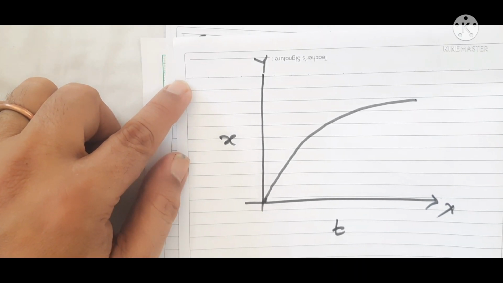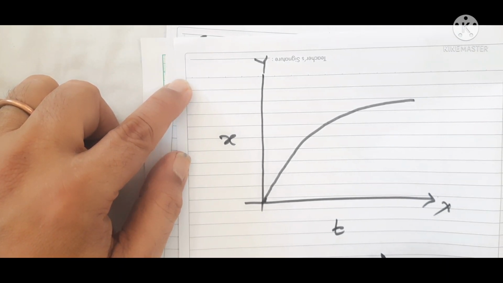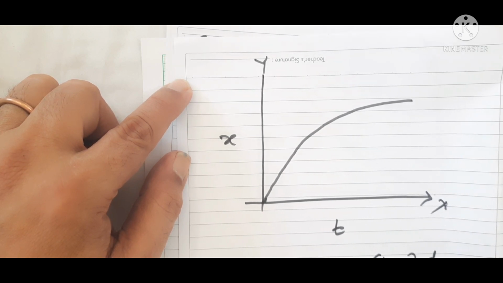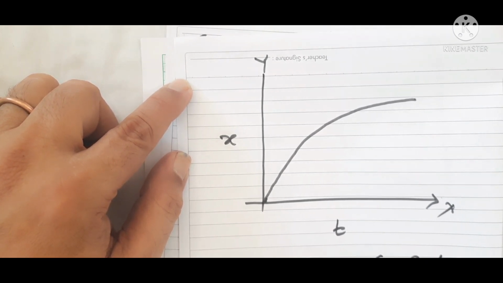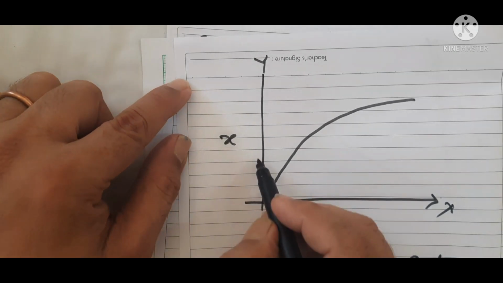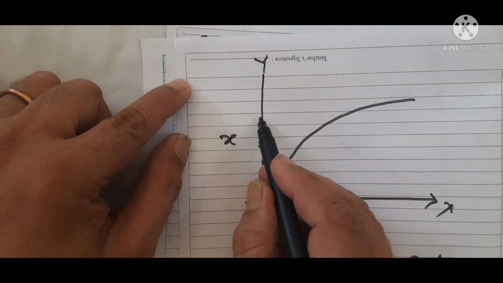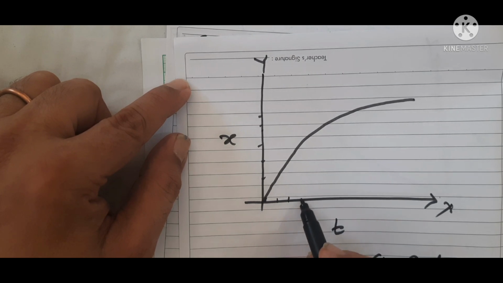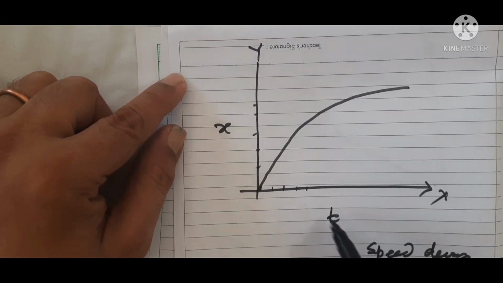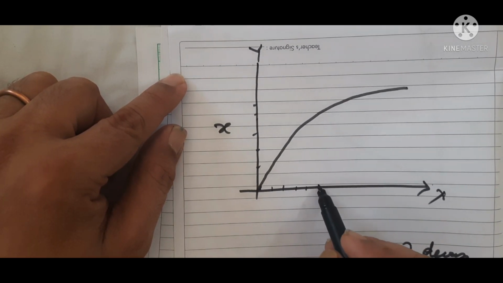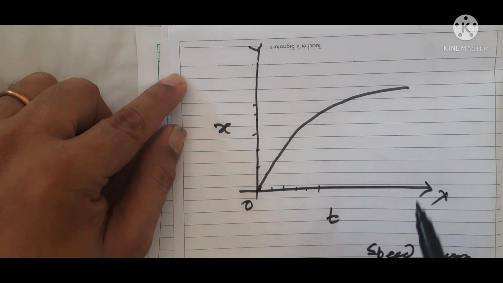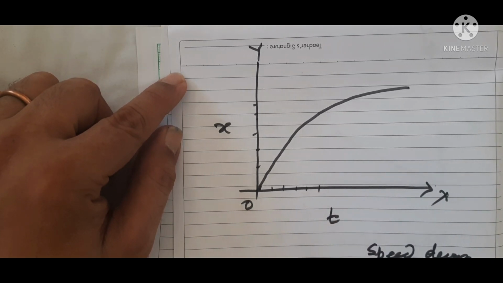That should be the nature of the graph when its speed decreases. After plotting, you can use the graph paper also, or on the plain sheet you can mark the scale x and y and plot it. You will get the graph like that.